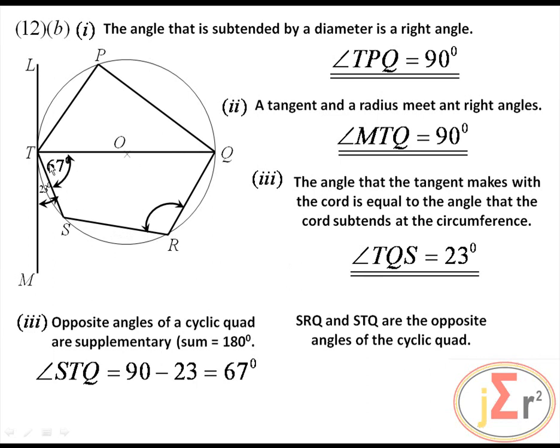So it is safe to say we are using the fact that the opposite angles of a cyclic quad are supplementary. They add to give 180 degrees. So SRQ is 180 degrees minus 67, and that is equal to 113 degrees.